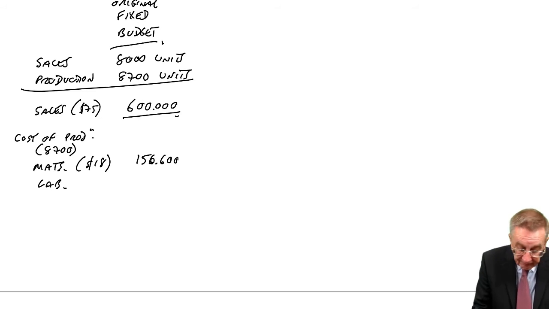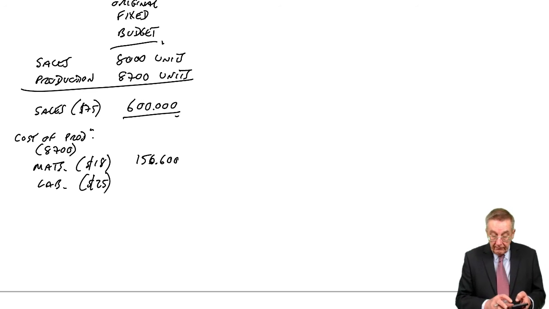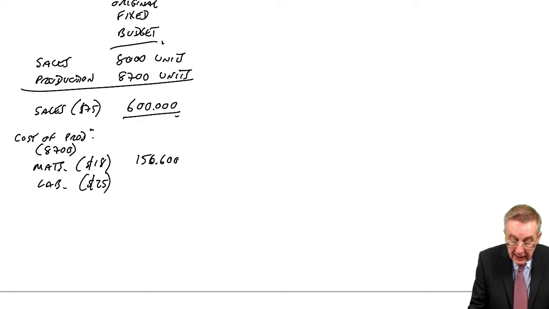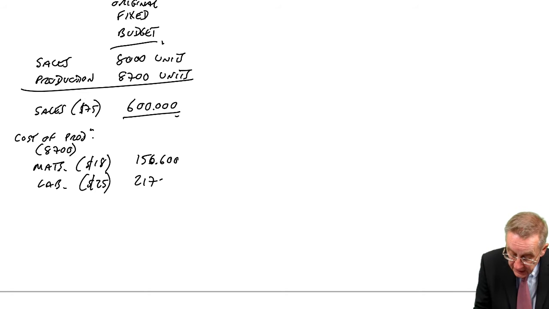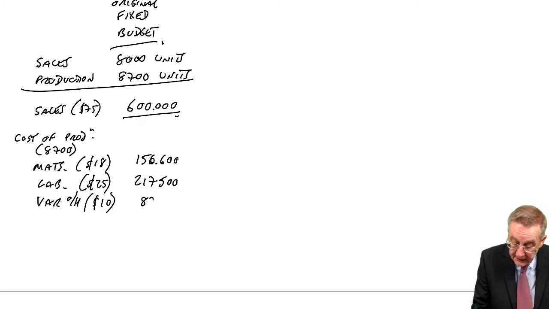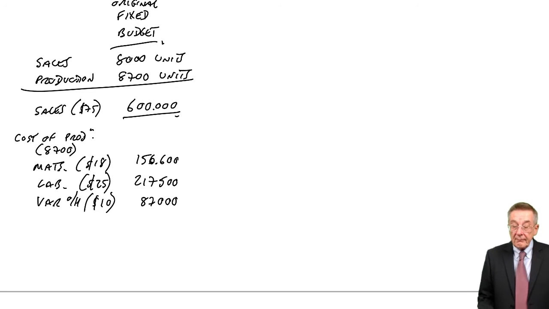Labour, again from the cost card, $25. So 8,700 at 25 is 217,500. Variable overheads, we're budgeting at $10 a unit. 8,700 units at $10 is 87,000.